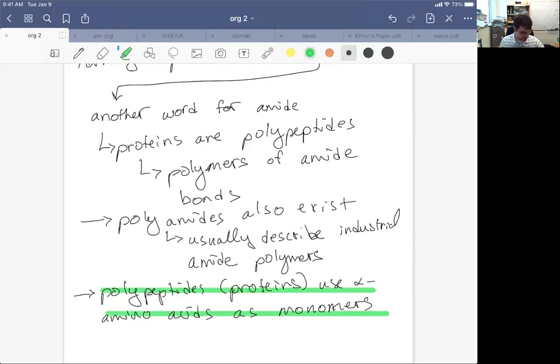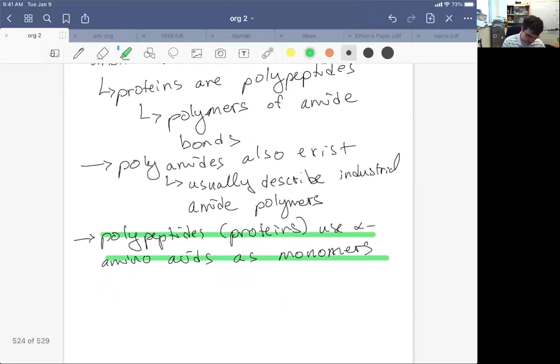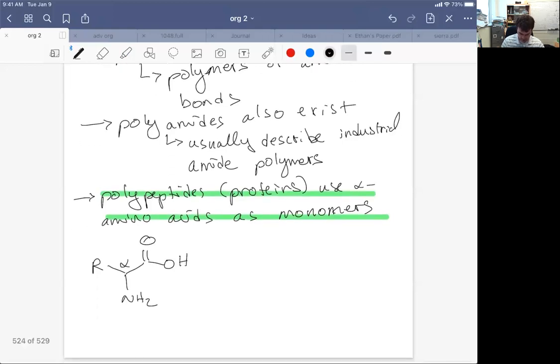Let's go ahead and remind ourselves what alpha amino acids are. So we have this alpha position that has an amine and a carboxylic acid. So we have our amino group, and we have our acid group.